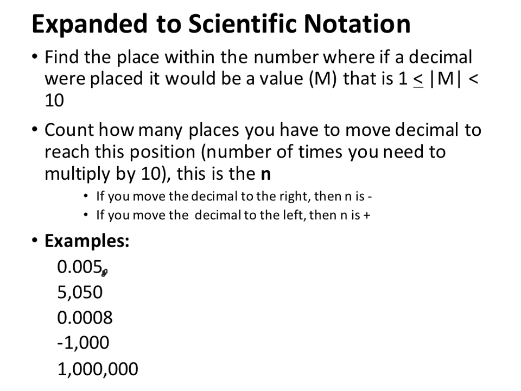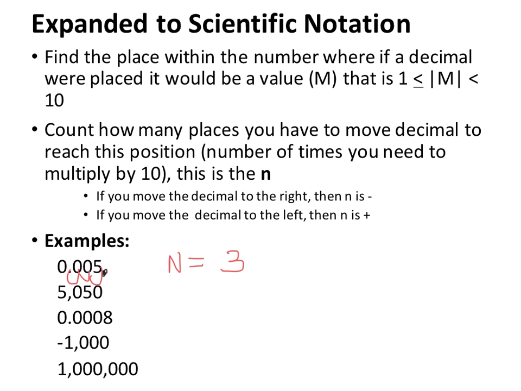Now, how many times do I have to move the original decimal spot, which is right here, to get to this position? Let's count them. 1, 2, 3. So I moved it 3 times. So n is going to be some value of 3.